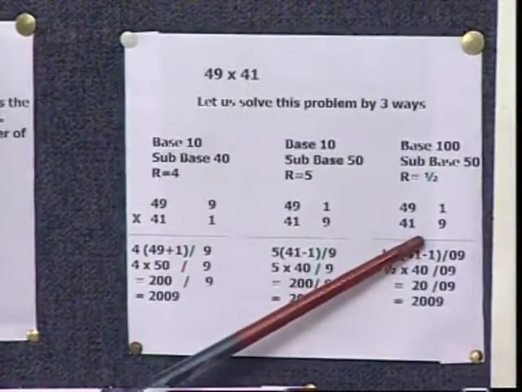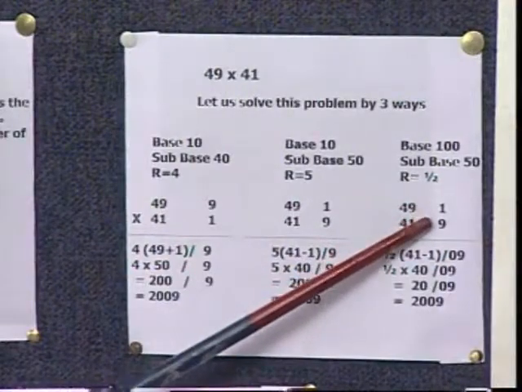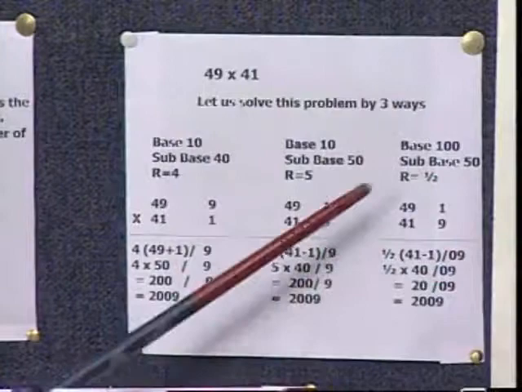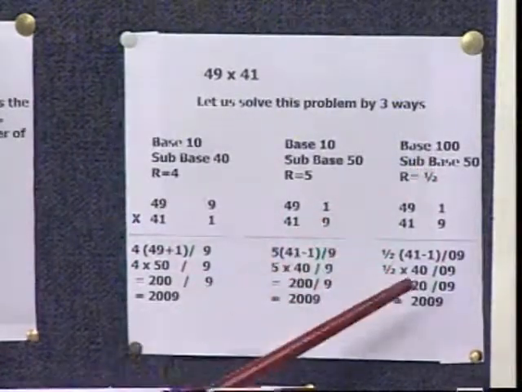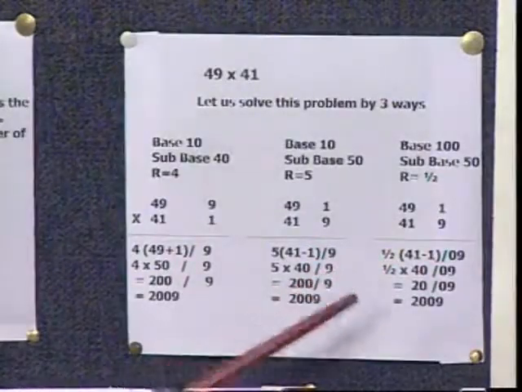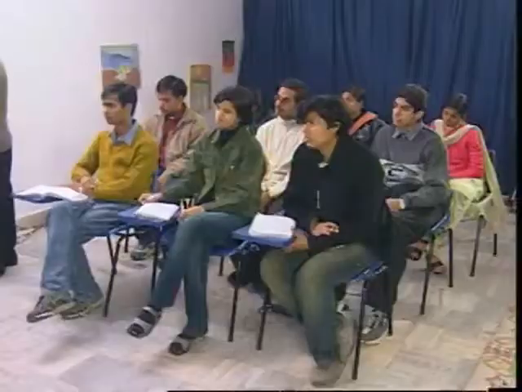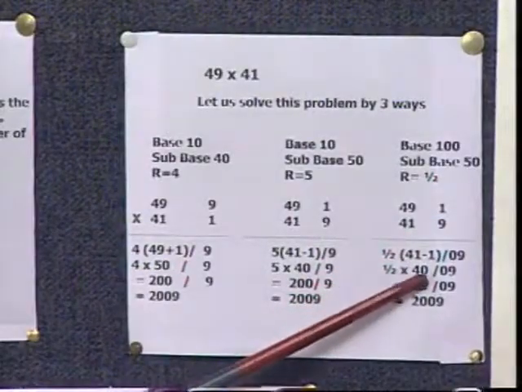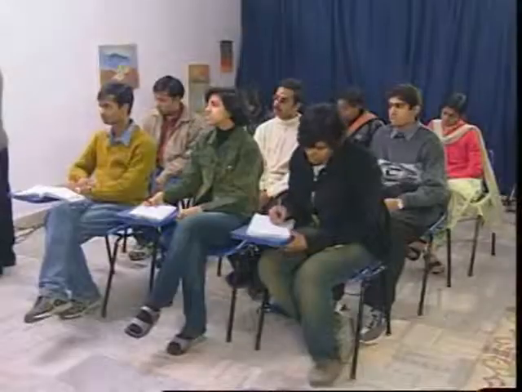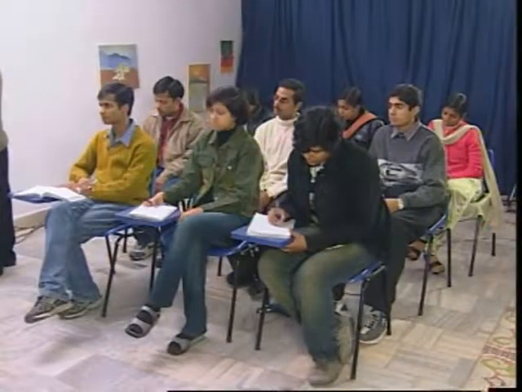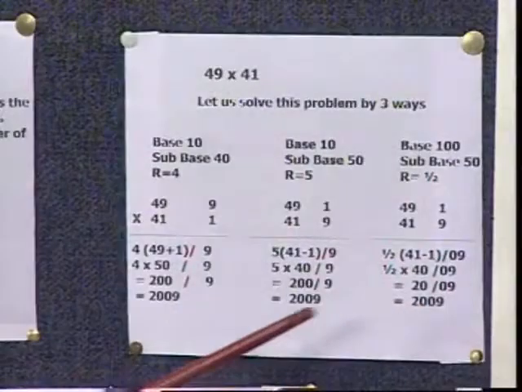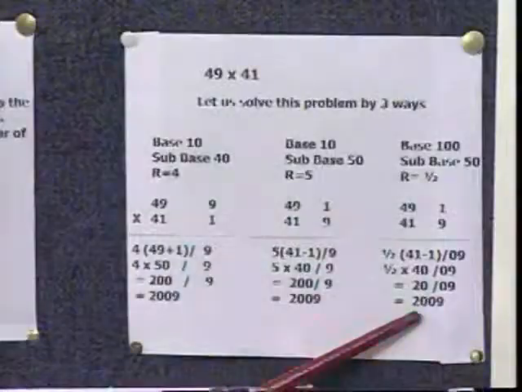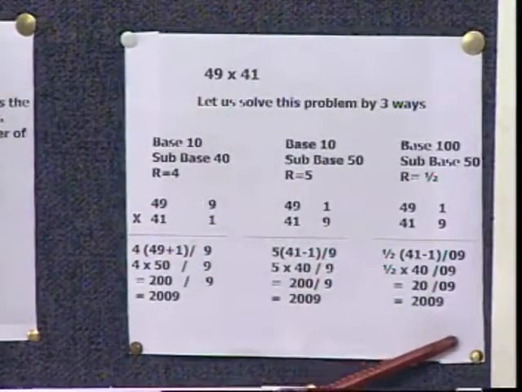Here the product of 1 and 9 is not 9, it is 09, because 100 has got 2 zeros, hence 2 digits. 41 minus 1, how much will you get? 40. Half of 40 is 20 is the left part, 09 is the right part. 49 multiplied by 41, you will get 2009.